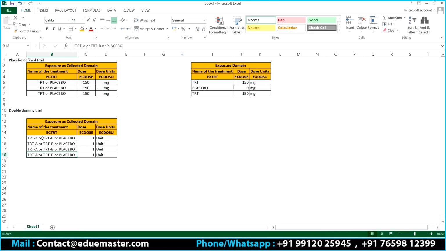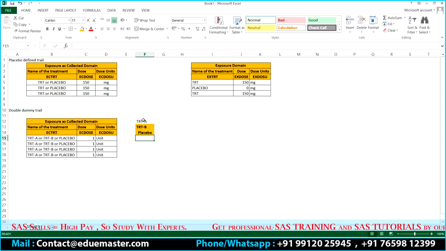What do you mean by that? He might have treatment A pill, he might have treatment B pill, or he might have a placebo. The patient is going to have any one of these, not all 3 or any 2.